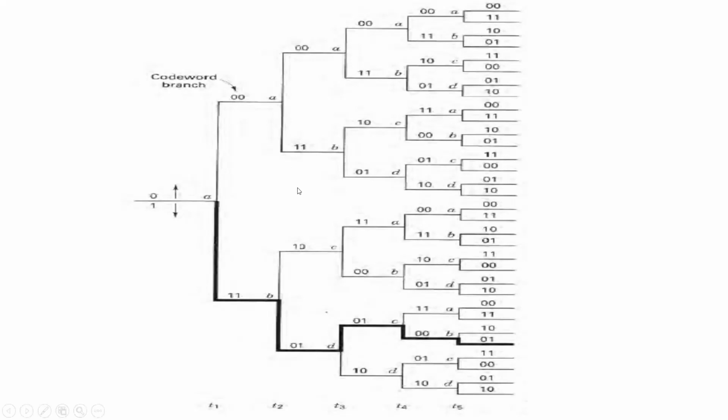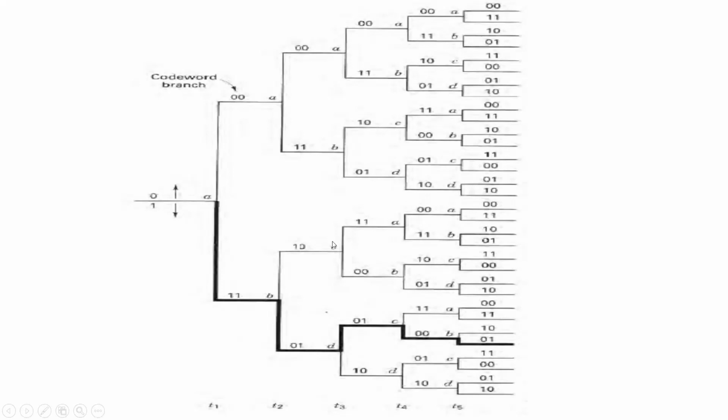Now, if you look at the tree structure carefully, what happens? Look at this point, A, B, C, D. After 3 time intervals, this is 1, this is 2, and this is 3. Why am I talking about 3 time intervals?